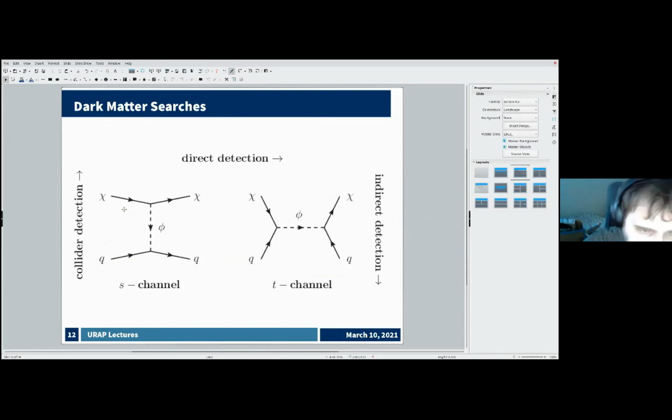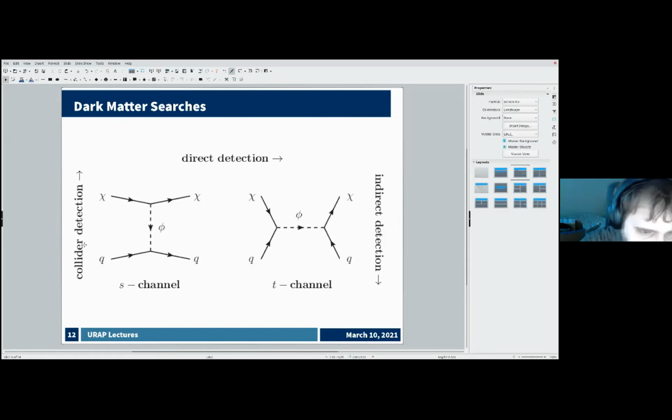If you look at the left diagram here, the chi is a new particle that you think is the dark matter particle, and the Q is a quark, or some standard model particle. These two interact together using some kind of a mediator, a new particle called phi. If you just focus on the S-channel diagram on the left, how you rotate your head gives you a different experiment, right?